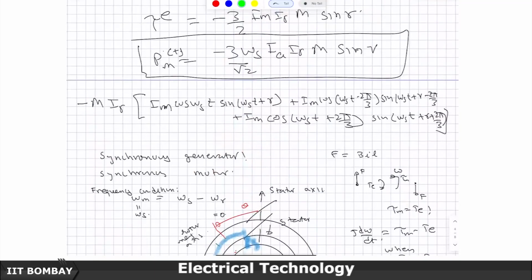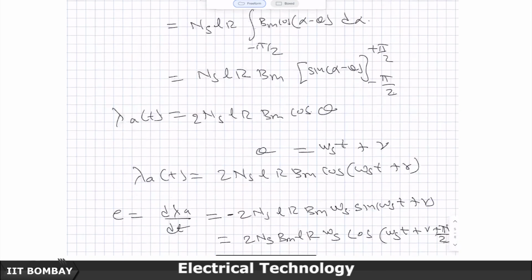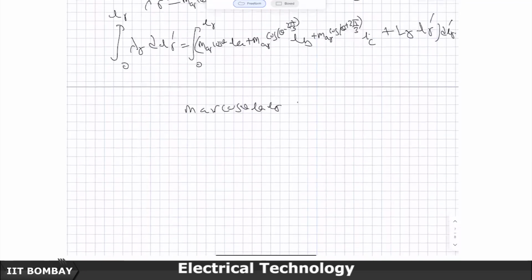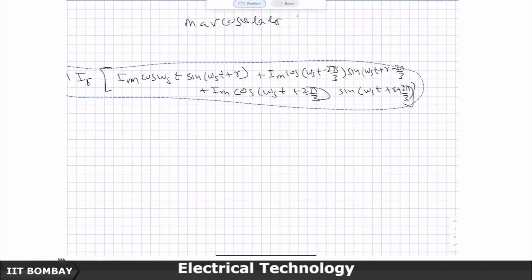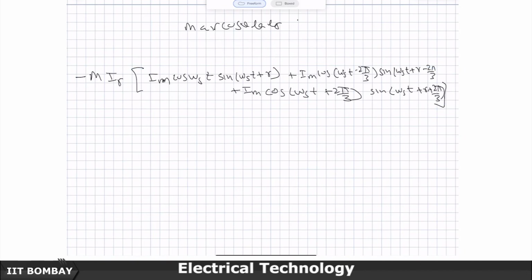So, now if you simplify this, let me copy it here. Now if I simplify it, first thing is minus M Ir will come out common.